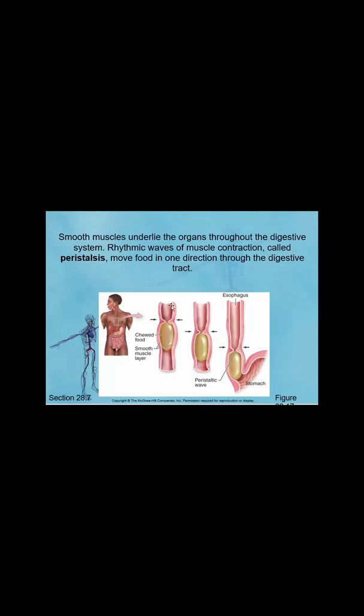Here is basically a bolus of chewed food. Now it's made of this stuff called chyme, C-H-Y-M-E. Okay, so it comes out of the stomach as chyme in these little boluses, and is digested and squeezed into the small intestine.